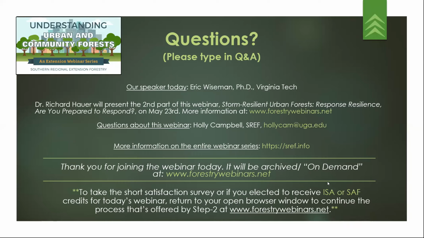And we can use either a suspended pavement or engineered soils such as the structural soil or the Silva Cells to increase rooting volume and therefore increase the anchorage of trees, and in that way be able to lessen the risk of tree failures due to root slippage or root system failure. So good comment.